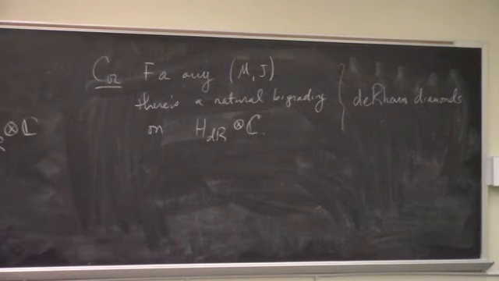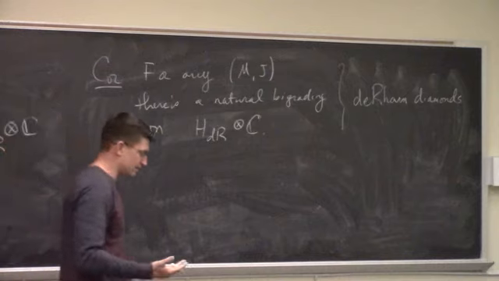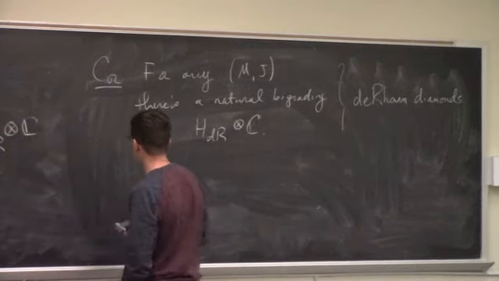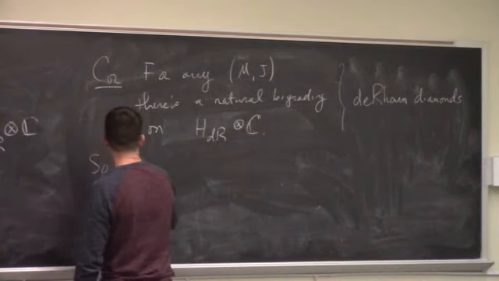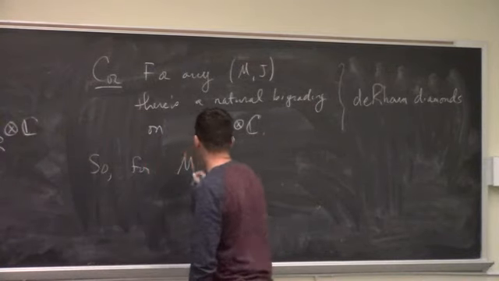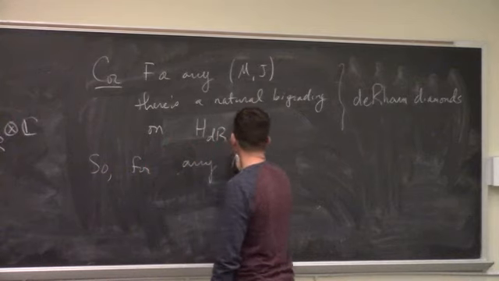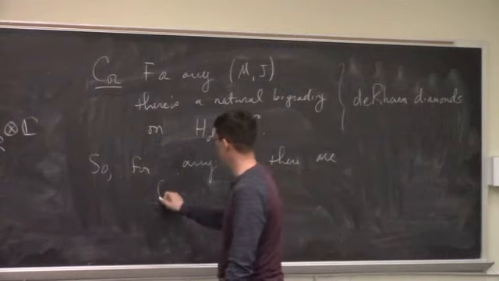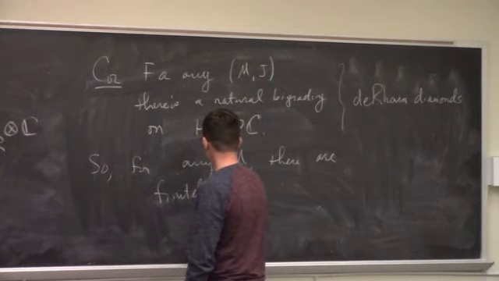Okay. So then there's something from this that's kind of trivial and kind of obvious once you say it, but it's worth saying. If you just fix any smooth manifold, there are finitely many de Rham diamonds that occur.